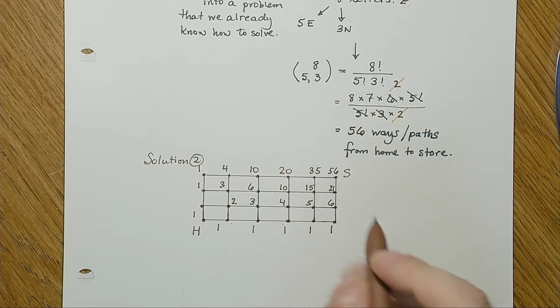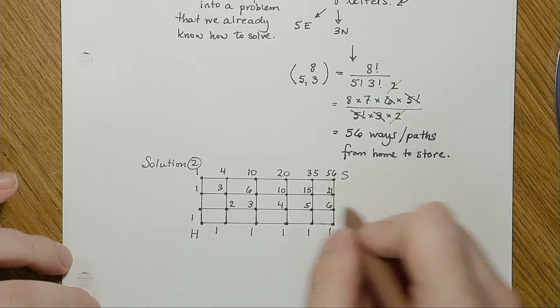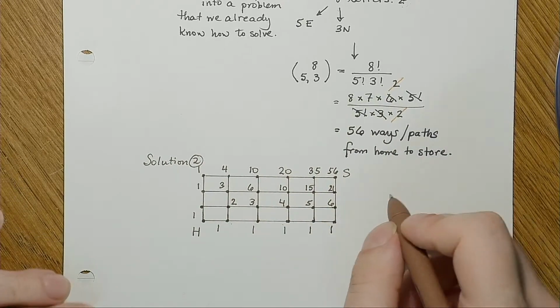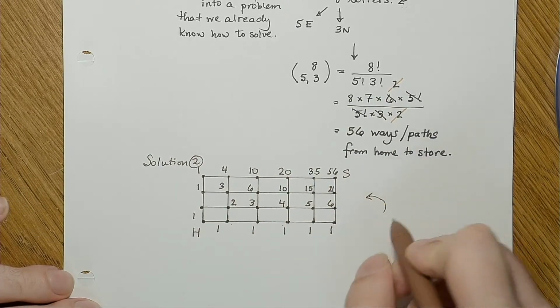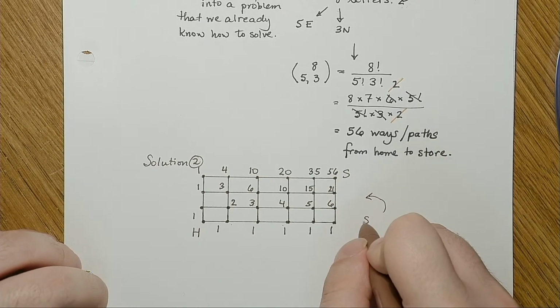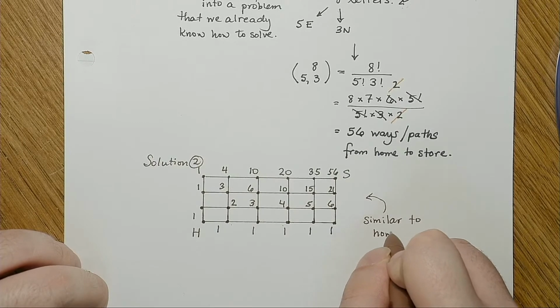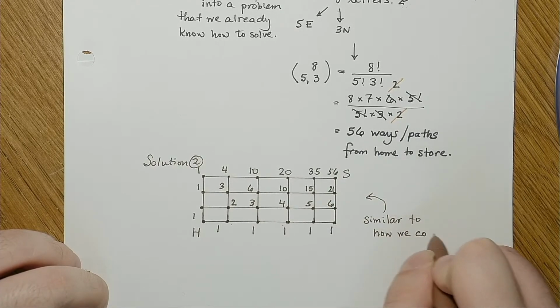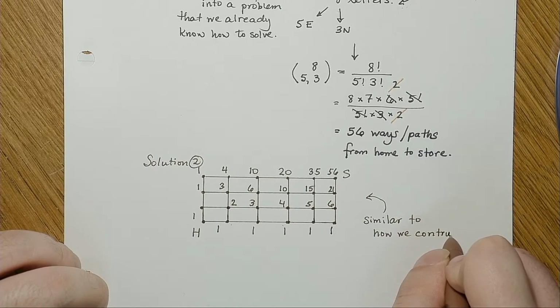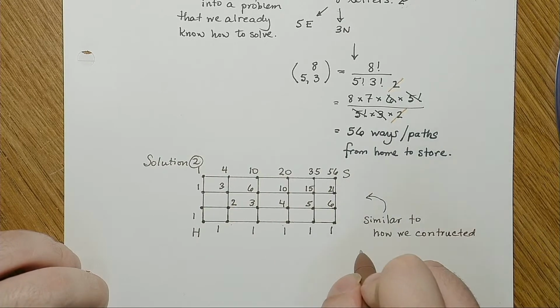And again, that's a very similar way to how we had done this with Pascal's triangle. So it was similar to how we constructed Pascal's triangle.